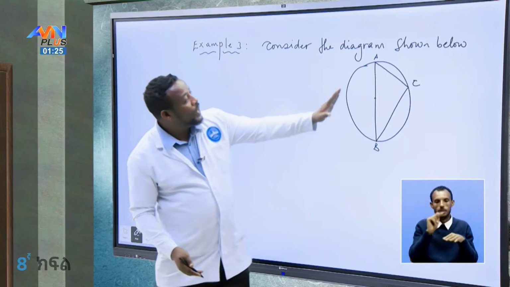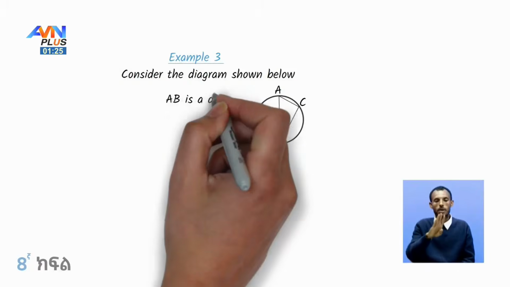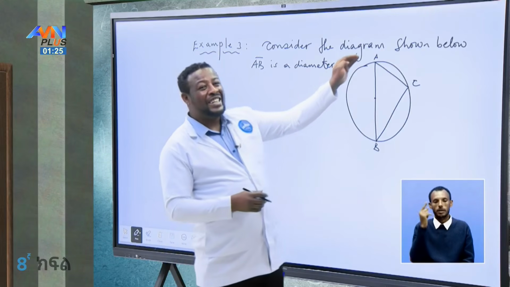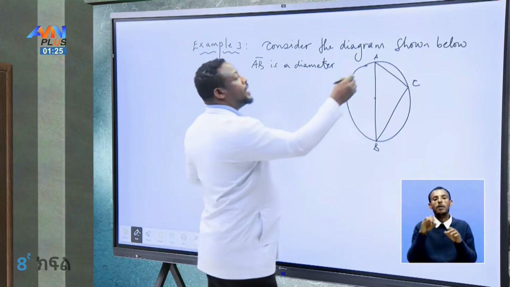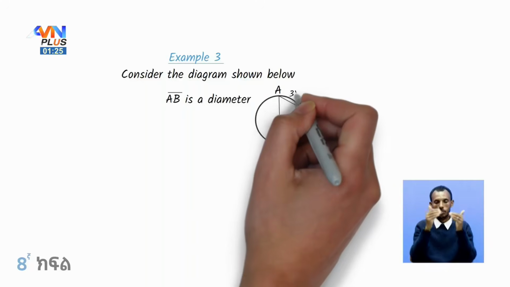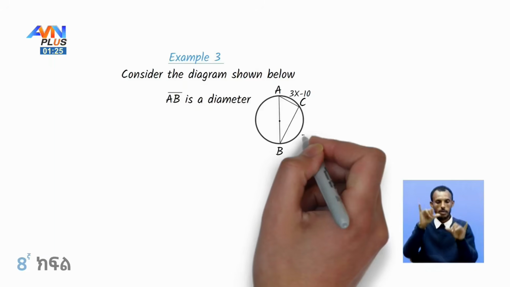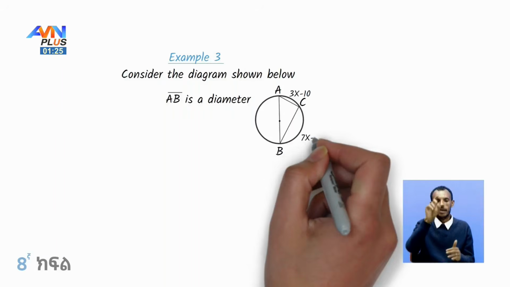Now, AB is a diameter, and assume the degree measure of arc AC is 3x minus 10, and the degree measure of arc BC is 7x minus 10.